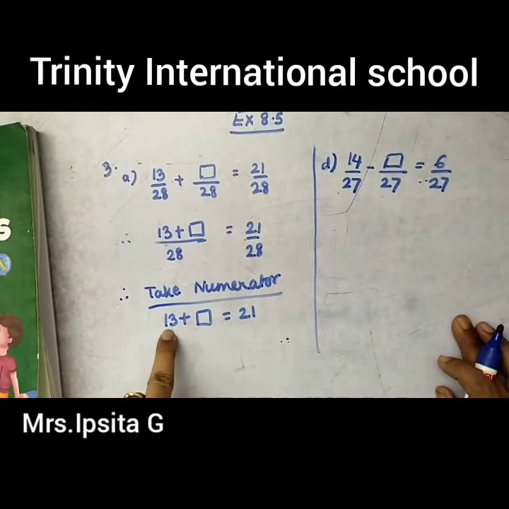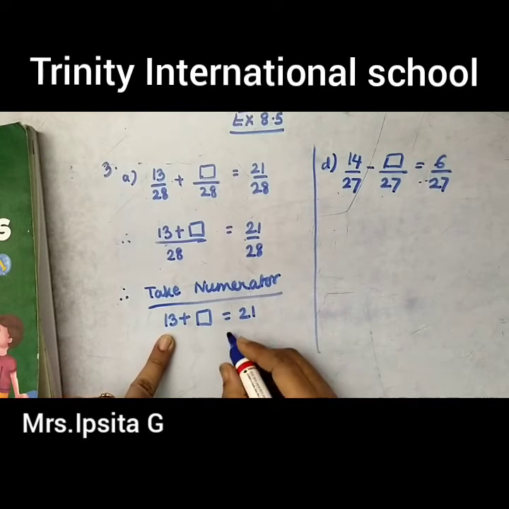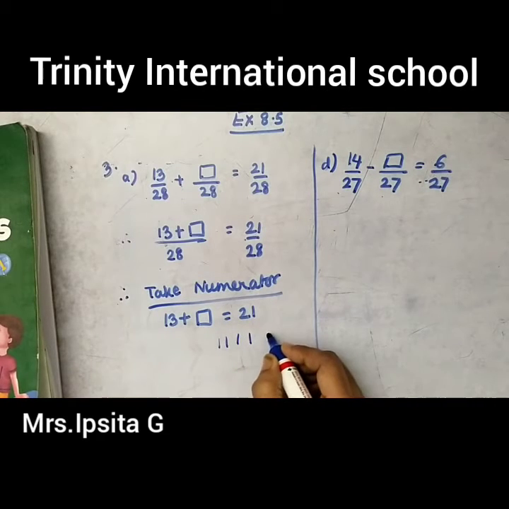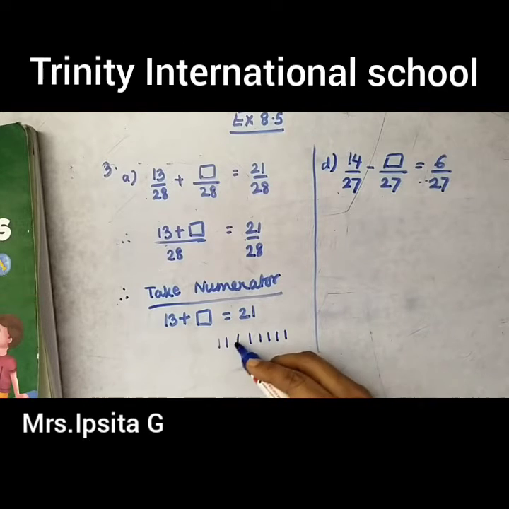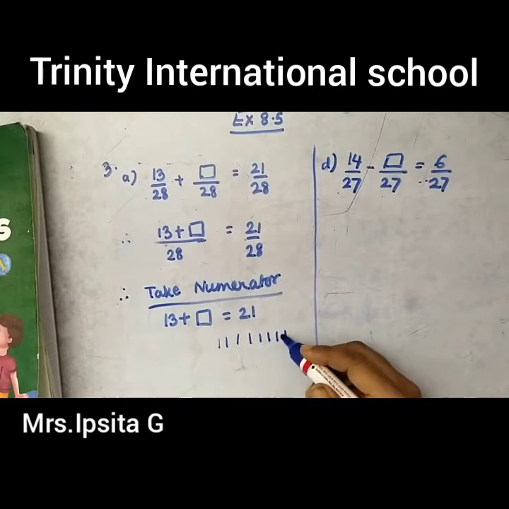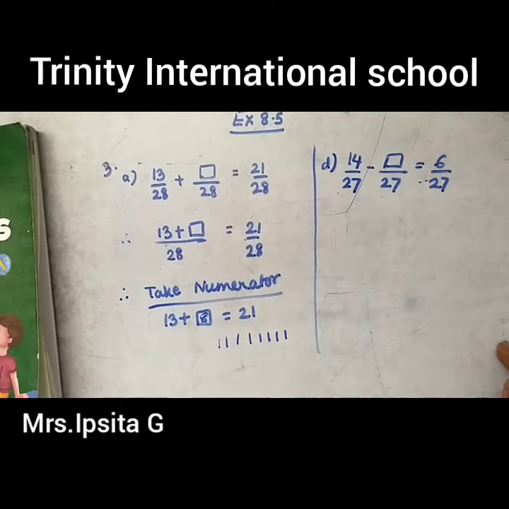तो अभी देखिए यहाँ पे 13 है, तो आप कितने स्टिक्स डालोगे तो आपको 21 मिलेगा. देखिए 14 15 16 17 18 19 20 21. Okay, so just count it 1 2 3 4 5 6 7 8. So put 8 here. Okay, so put 8, so you can get 21.